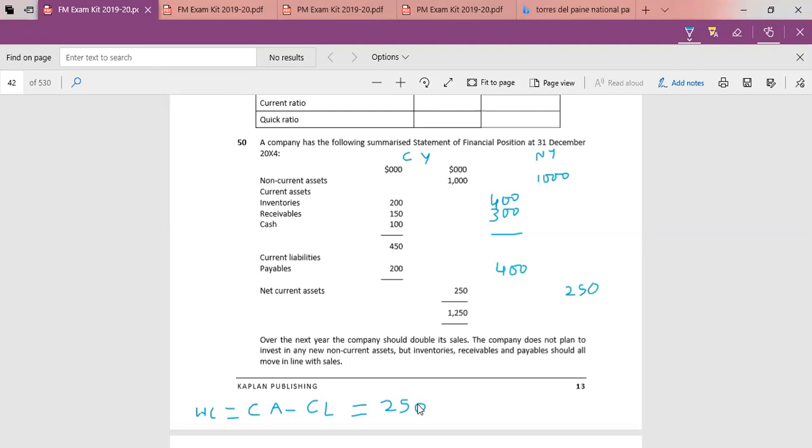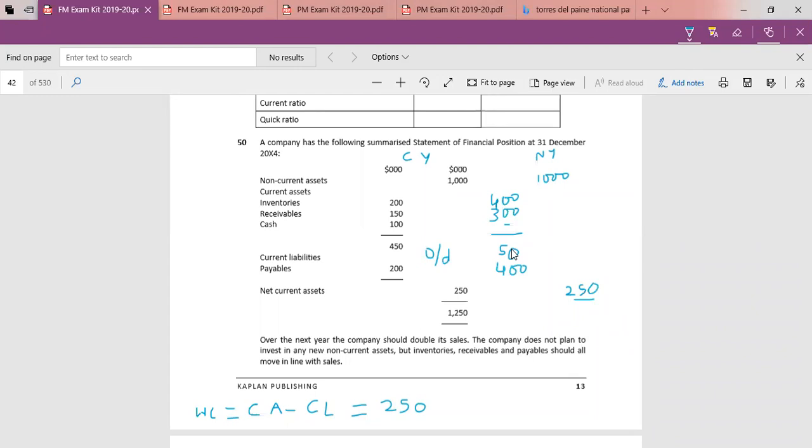So what do we see? We see that there is no cash balance, but there is an overdraft. So here we have to identify that there is an additional requirement for cash. This 250 can be possible only when there is a 50 overdraft on the current liability side. So this will become 250 in that case.